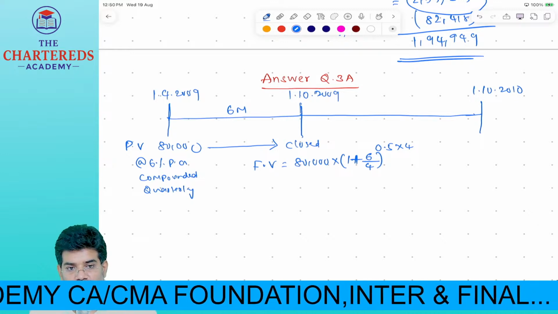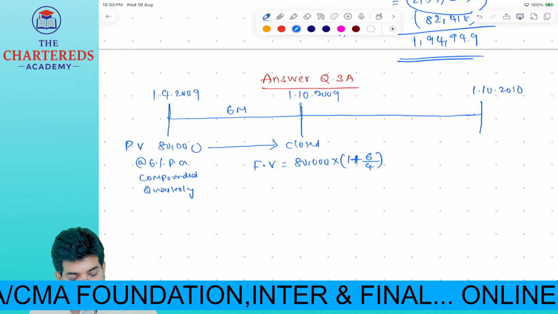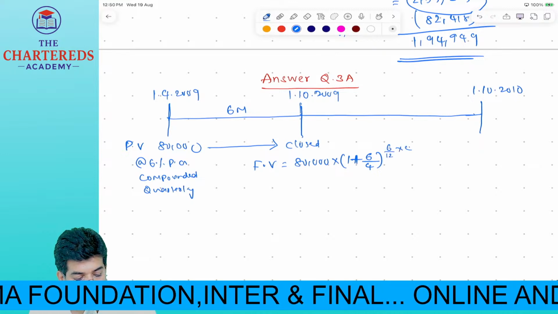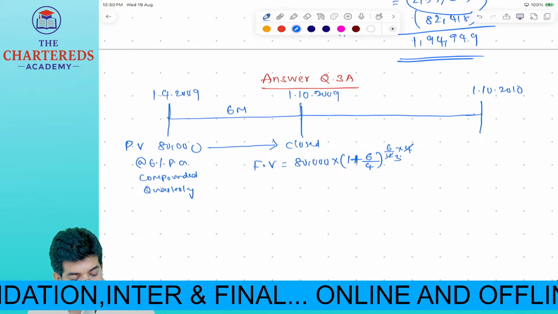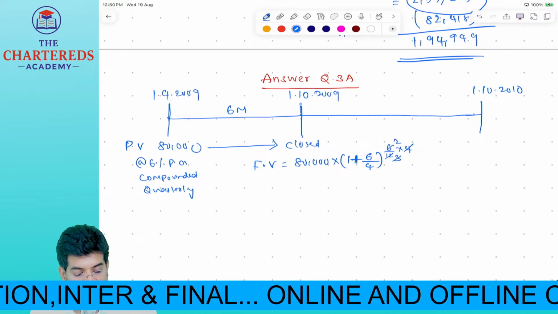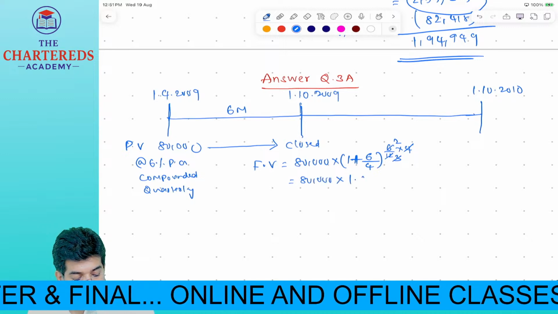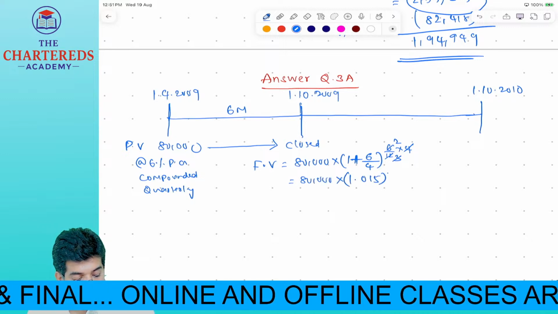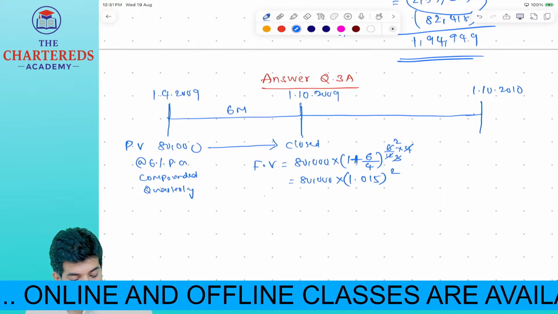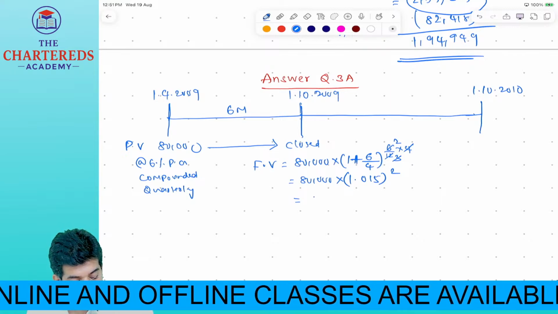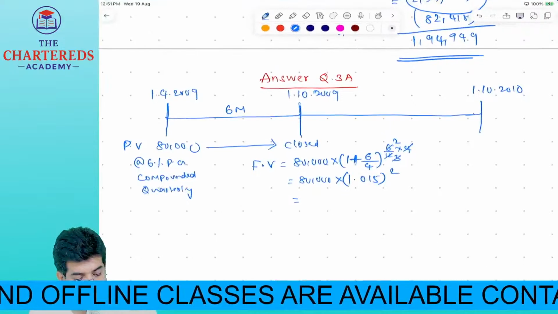Or 6 by 12 also you can present, 6 by 12 into 4 times compounding, you can do it this way too. So 80,000 into 1.015 whole power 2. So the maturity value is how much? I think we got 82,480.